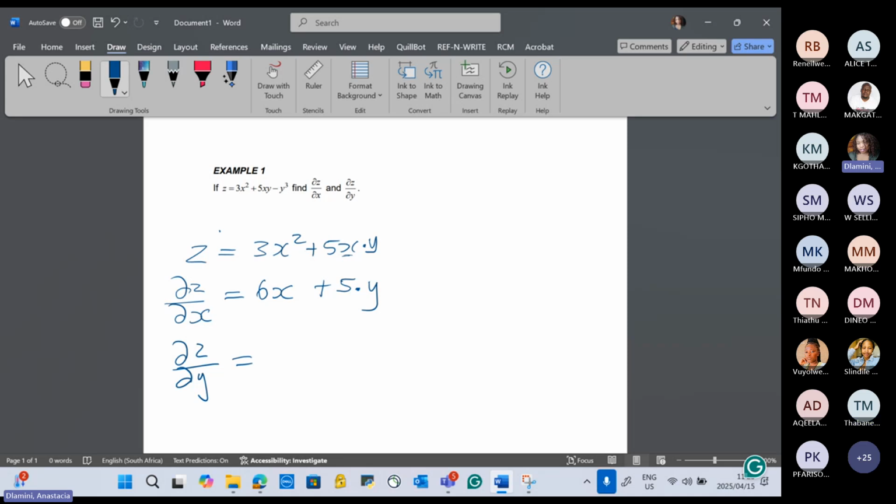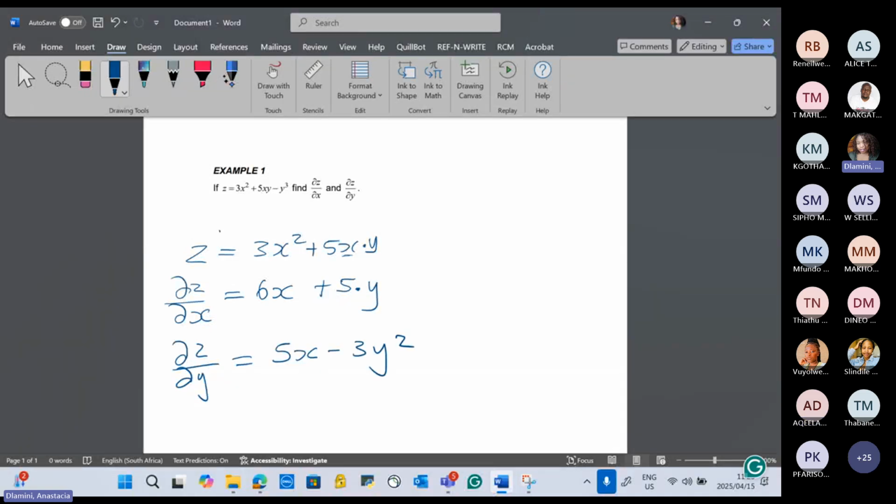So let's look at partial z over partial y. We are differentiating z with respect to y, keeping x constant. So that is the partial derivative of z with respect to y. What is the answer? 5x minus 3y squared.